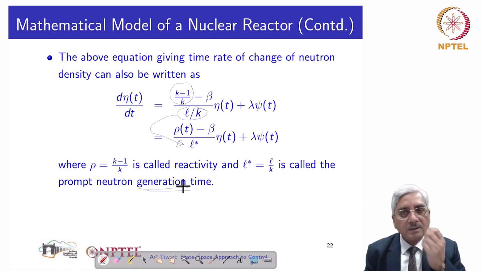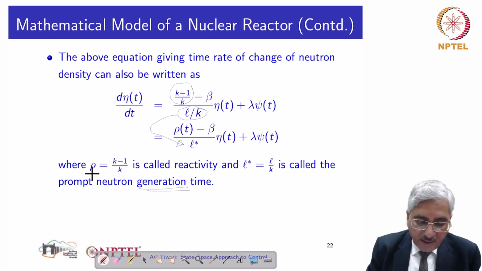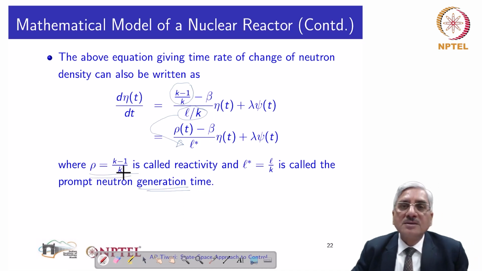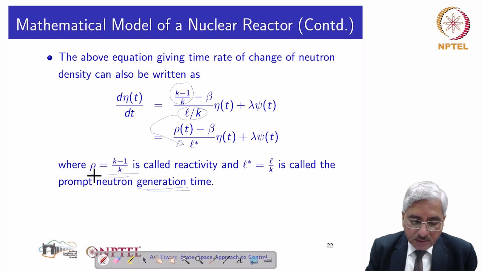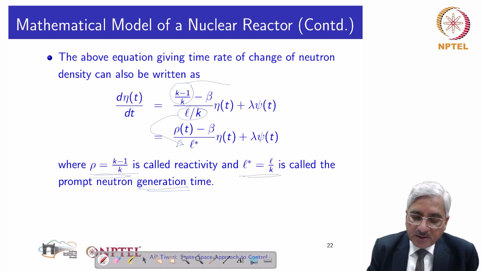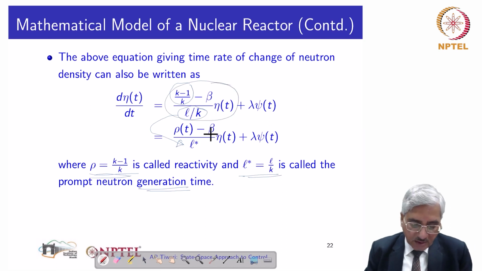L is the prompt neutron lifetime here, and this (K minus 1) by K is called reactivity. So we introduce this notation and this notation. So this expression further simplifies to this expression.